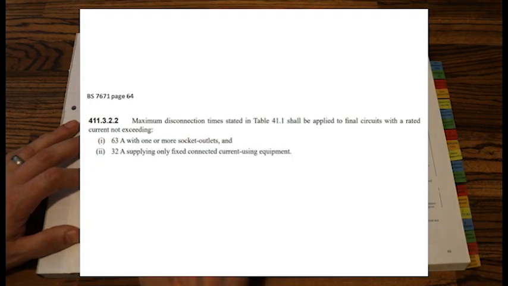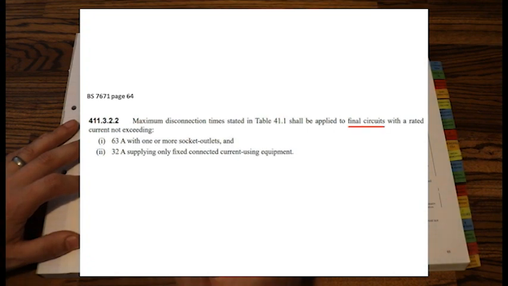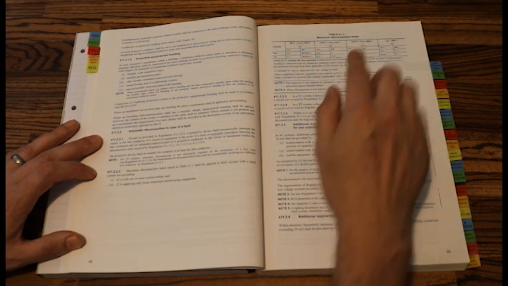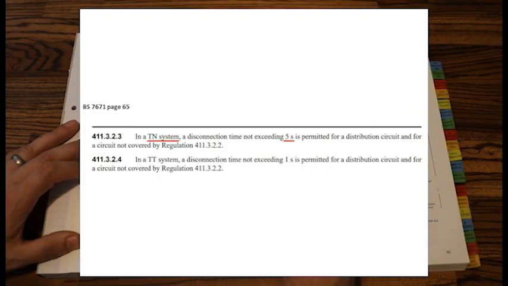Maximum disconnection time stated in table 41.1, this one, shall be applied to final circuits with a rated current not exceeding 63 amps with one or more socket outlets, or 32 amps supplying fixed connected current using equipment. We've already seen that our circuit is not a final circuit, it is a distribution circuit. So this table does not apply. We are now down in these two regulations below the table.